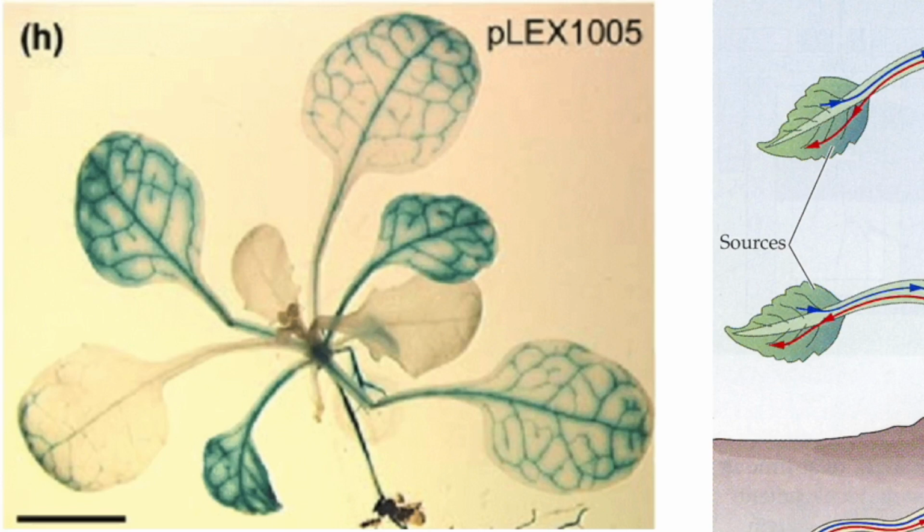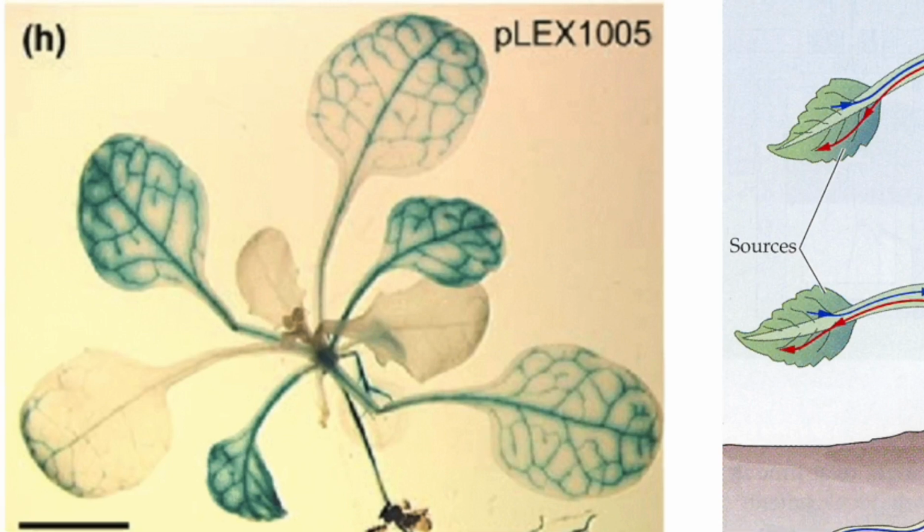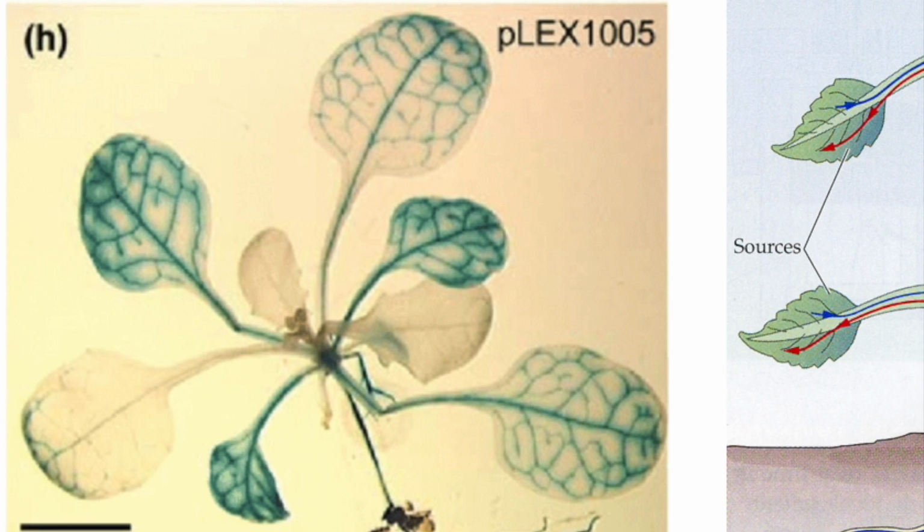So on the left-hand bottom corner, you can see the blue starting to form at the tip of the leaf. And this is where the sucrose in the leaf is first being exported as that leaf begins to mature. And then in the more developed leaves, you can see that this is going throughout. And notice that the transporter is expressed right along the veins of the leaf. So again, it's showing its role in phloem loading.